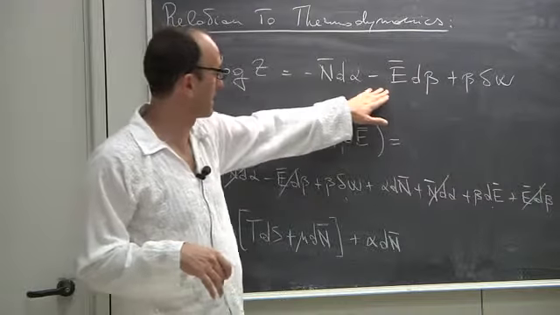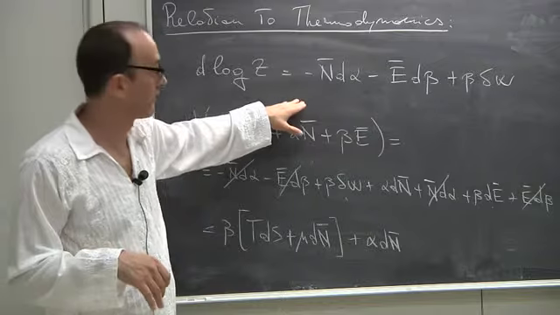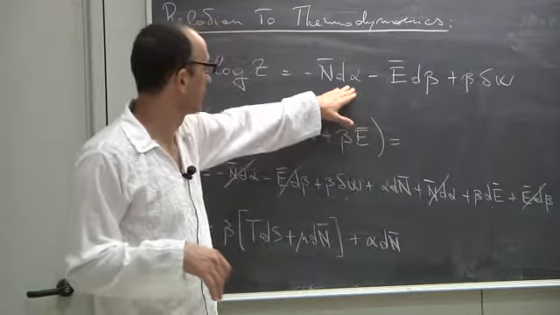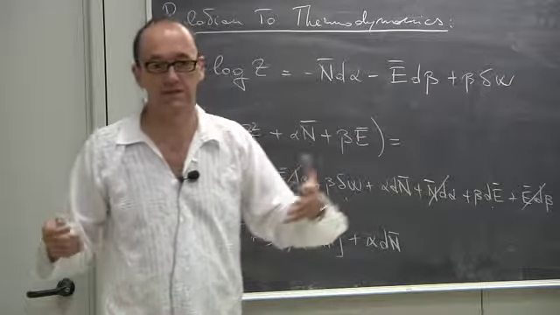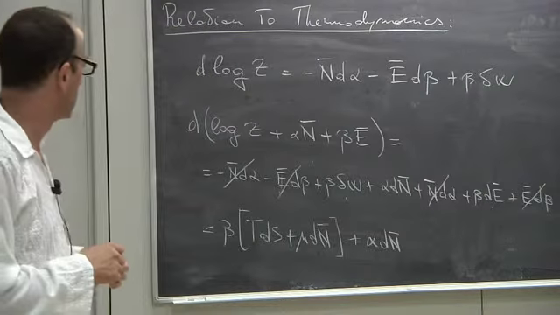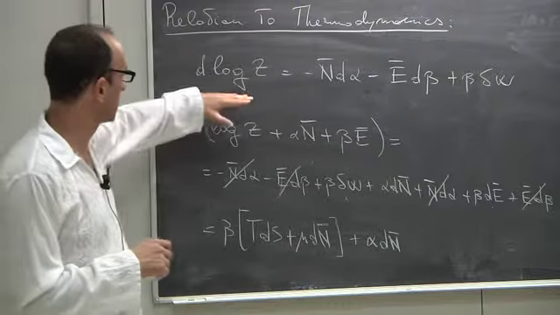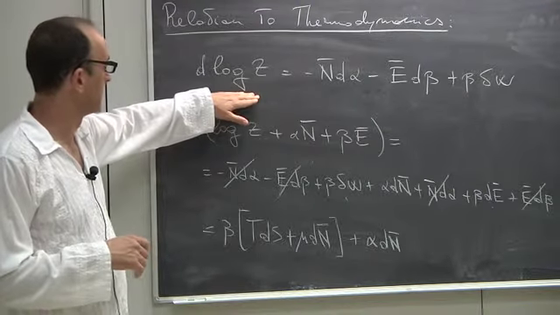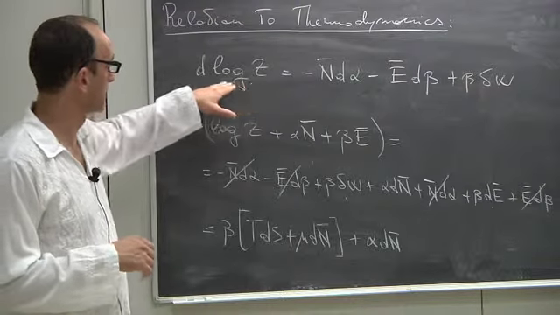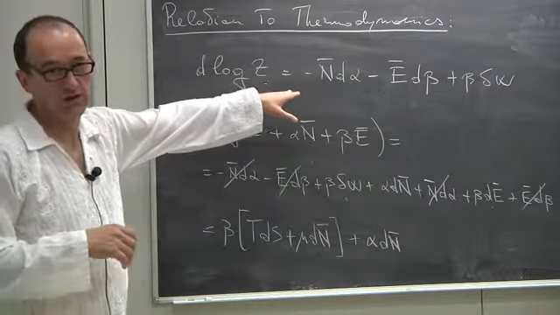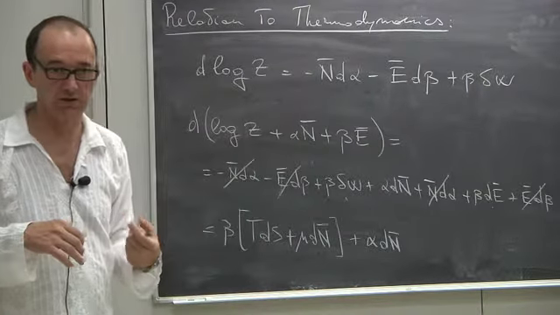This tells us how this quantity changes. In this case, you have to think of alpha and beta as external parameters, and so this tells you how in general this quantity log Z will change. And now we are using this to look for an exact differential.